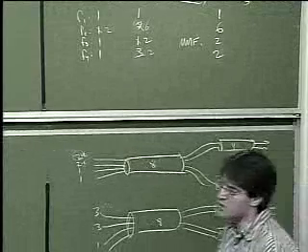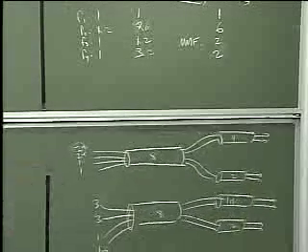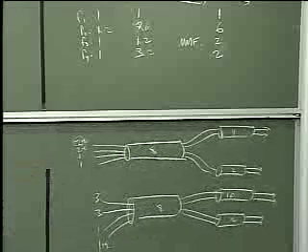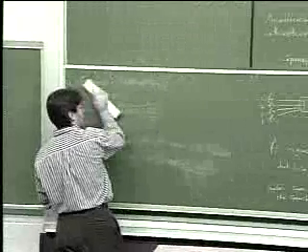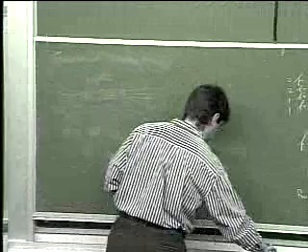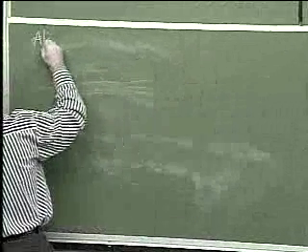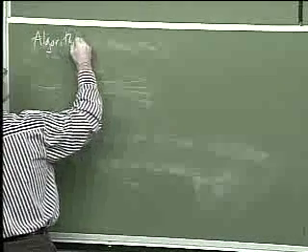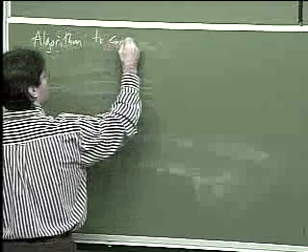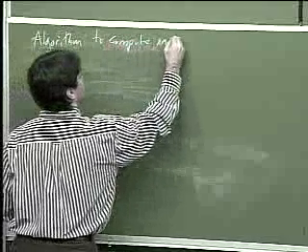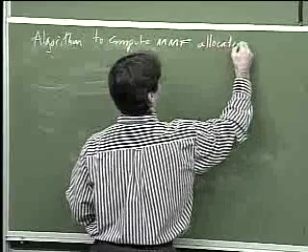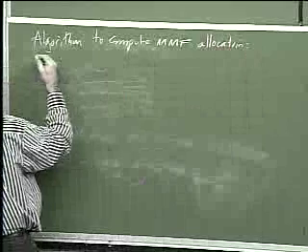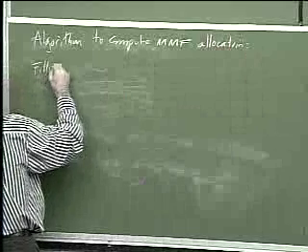Okay? And there's a very simple algorithm to compute the maximum fair allocation. So I'll just present that, and then that'll be it for this topic. Okay, it's a filling algorithm.